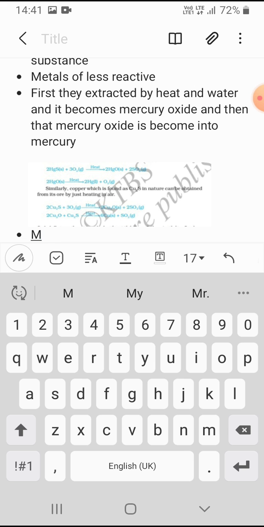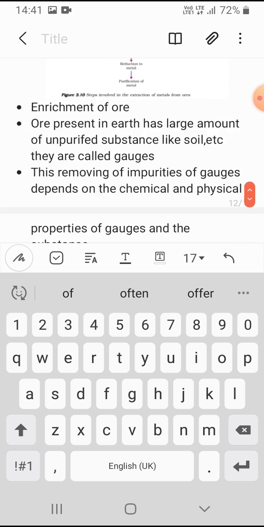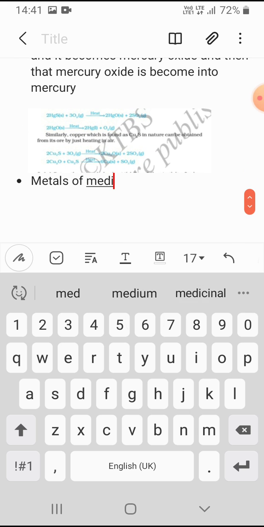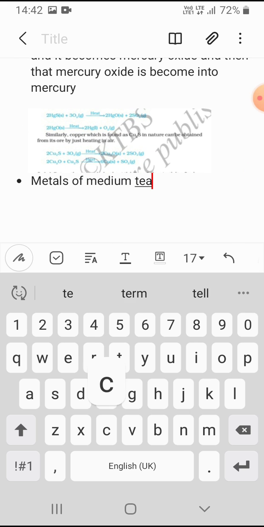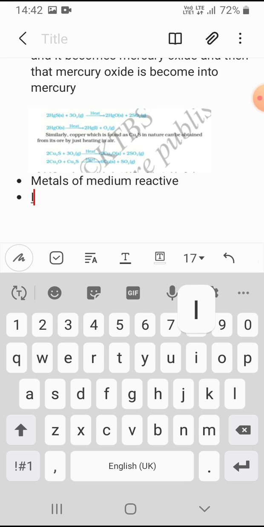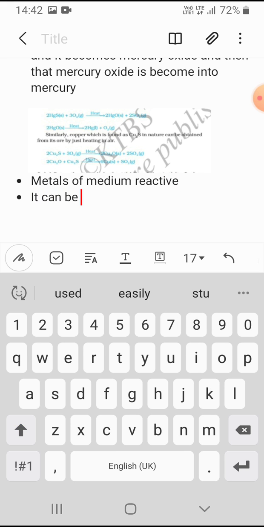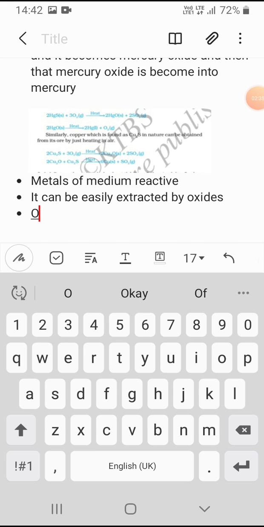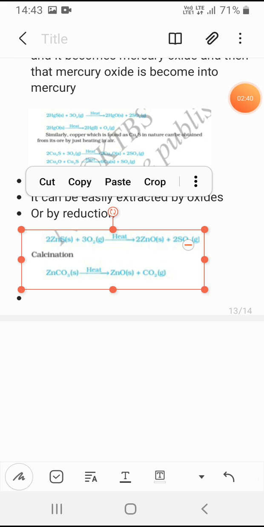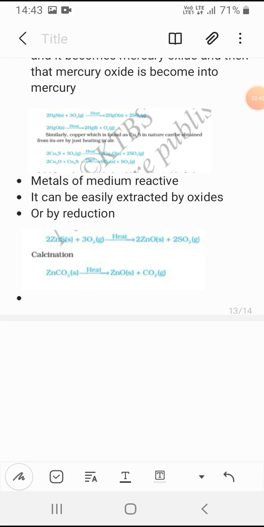Metals of medium reactivity can be easily extracted by oxidation, forming oxides, or by reduction. By heat or other methods they extract the metal, oxidizing it.